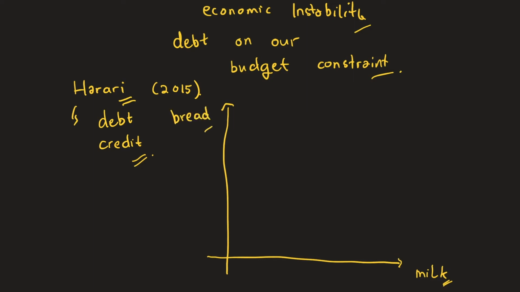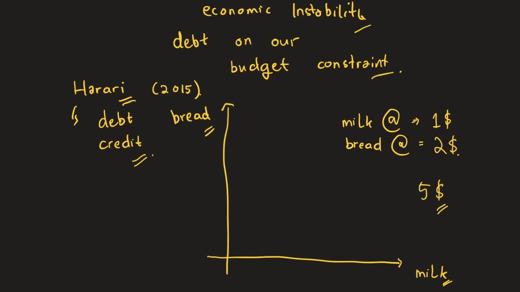If the cost of milk is $1 per unit, and for bread, one bread is $2, and you have only $5, you have to make a combination of buying milk or bread.